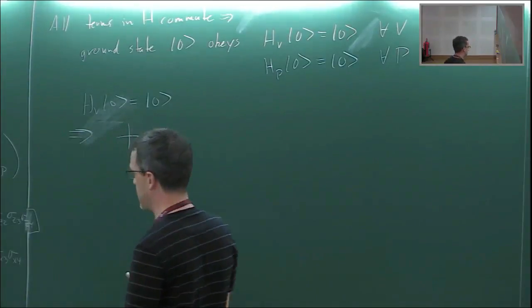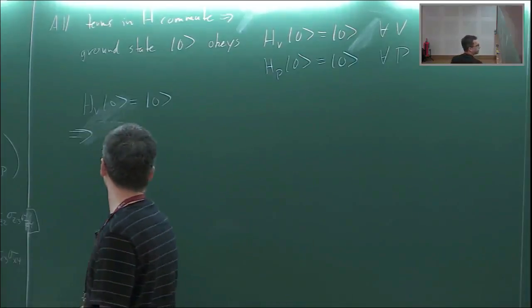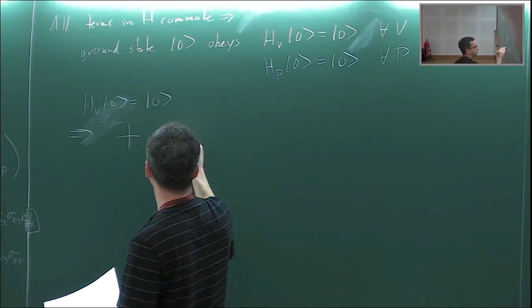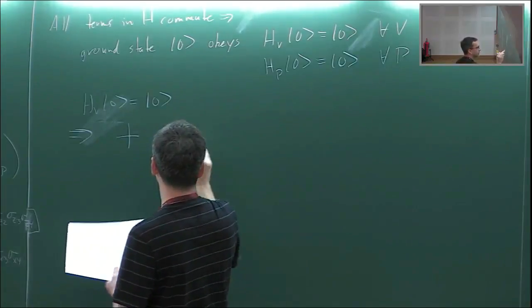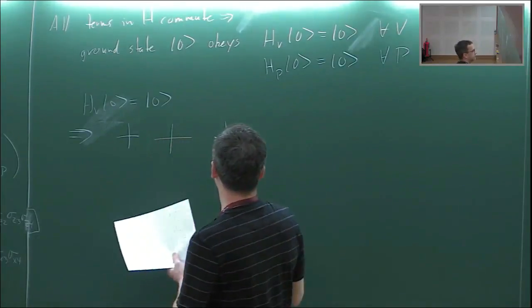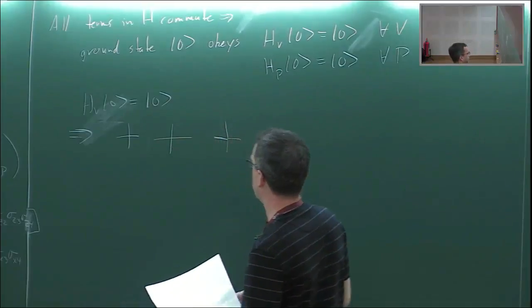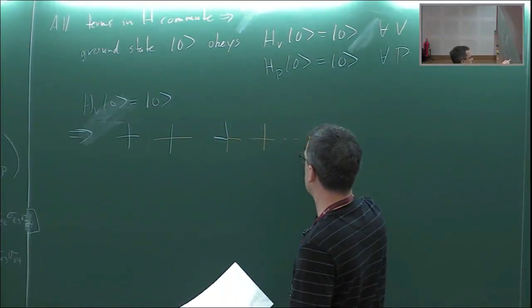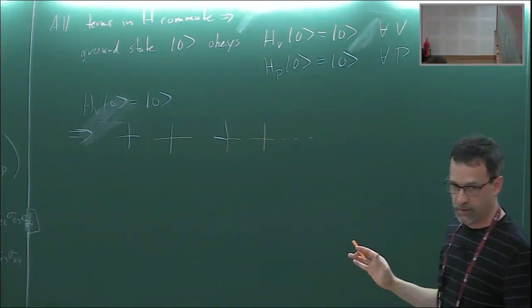It means that you have an even number of spin-ups. Okay, so it can look like this. It can look like this, like this, etc. Okay, or like this. As long as you have an even number of spin-ups.